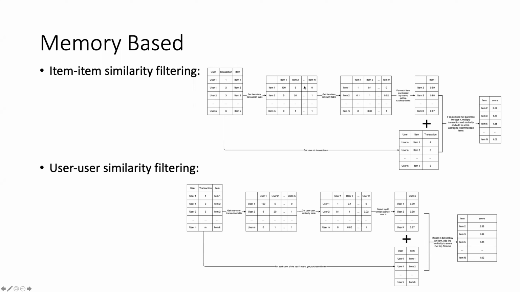For example, when people purchase item 1, 5 times people also purchase item 2, and so on. Based on that, we can calculate a similarity. In that case, for item 1 and item 2, the similarity is probably 0.1, and for other products there will be a similarity too. So the similarity is between 0 and 1.